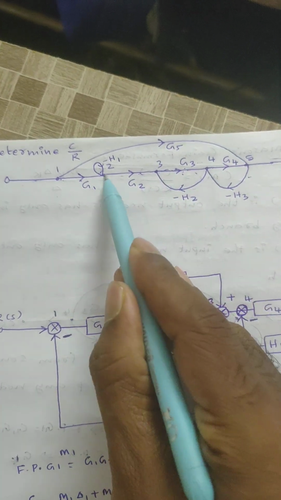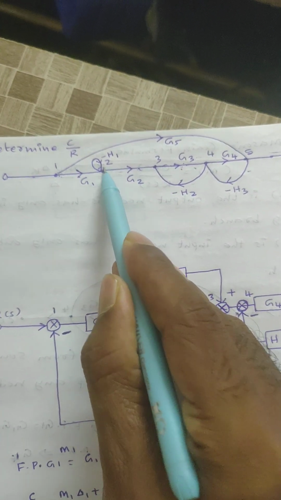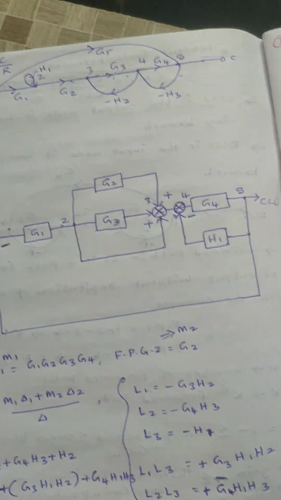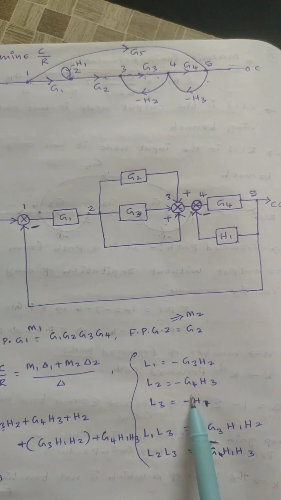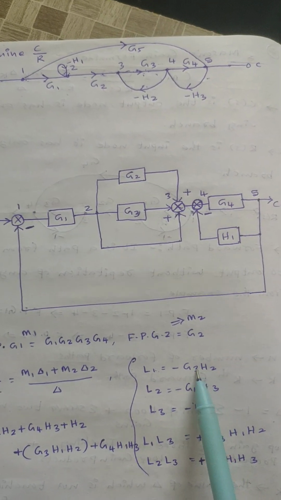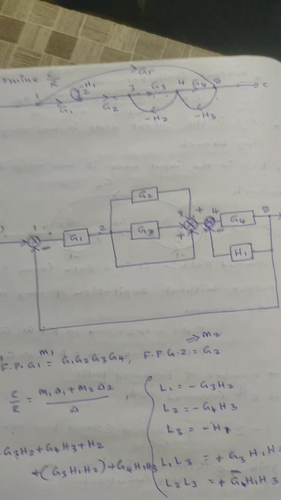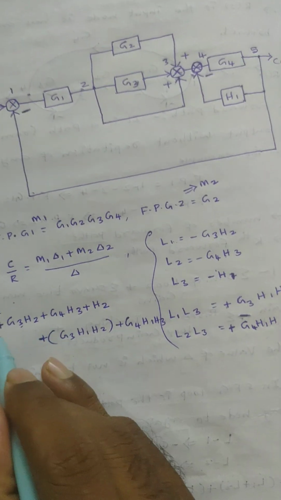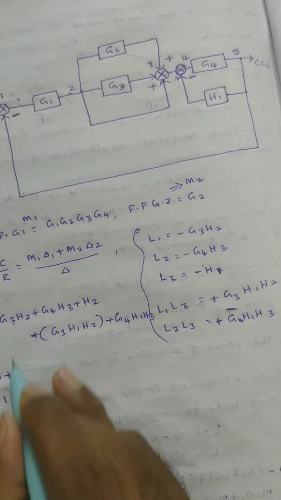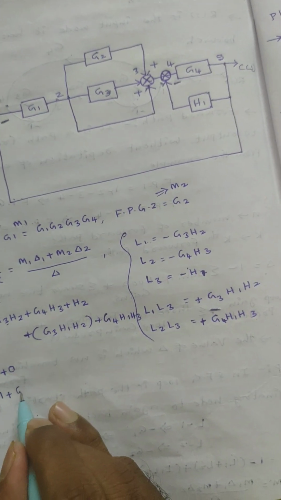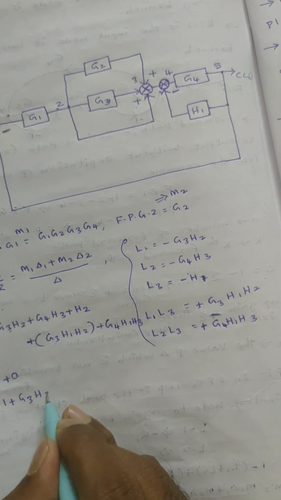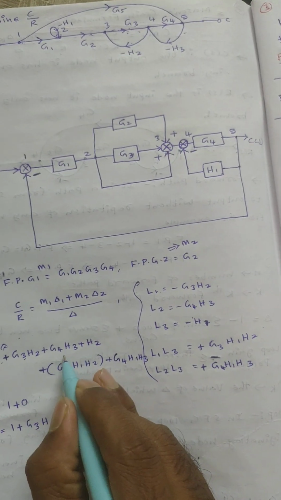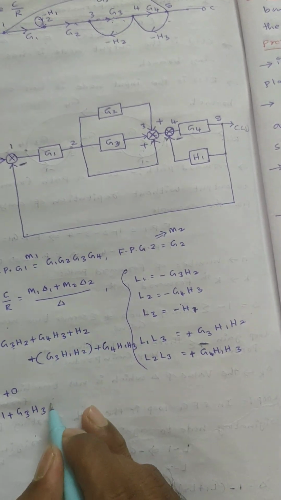What are the non-touching loops? Loop 3 is non-touching. That means loop 3 H1 is not touching, G3 H2 is also not touching, right? Then we need to consider all those values from this equation. 1 plus G3 H2, here G4 H3 is present so this value is 0. H2 is present.